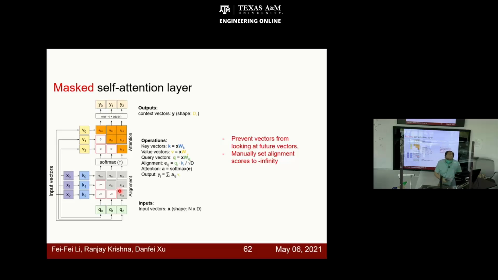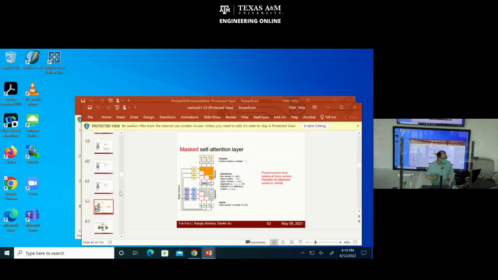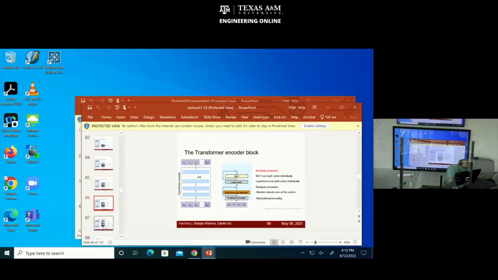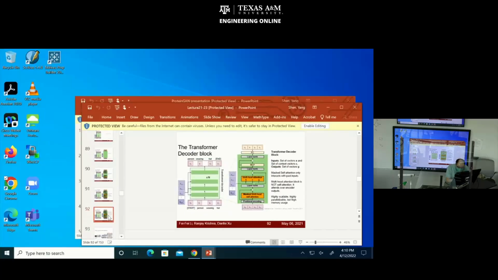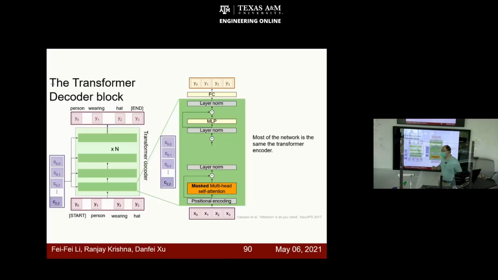Okay, so this is a masked self-attention. It is used for the decoder, okay? In other words, we are using the language modeling, right? P of x_t given x_1 through x_{t-1}. That's what the language modeling is about, right?